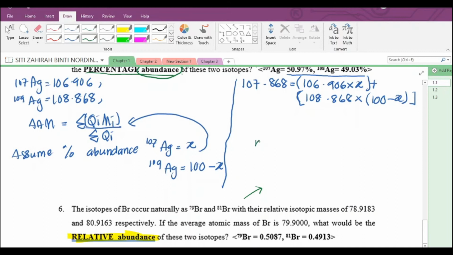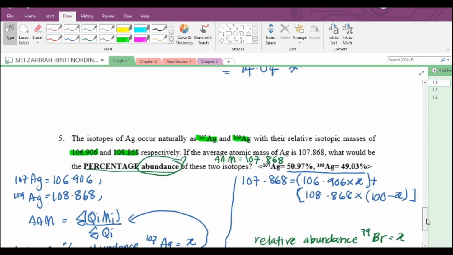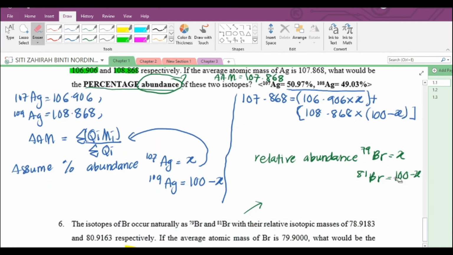So the relative abundance for 79Br would be x. For 81Br, the relative abundance would be 1 minus x.